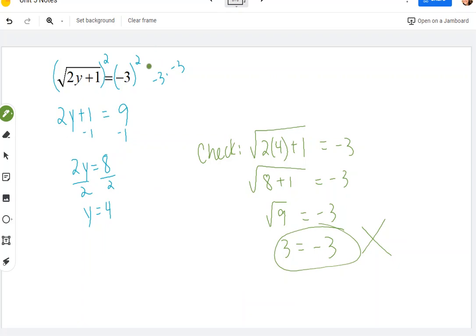So what we notice happened right here, that negative 3, well, when we squared it, it became positive 9. So sometimes when we square or cube, whenever we take the power, it's going to lead to extraneous solutions.